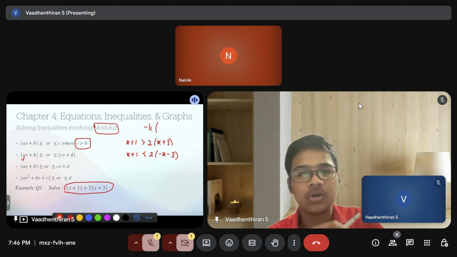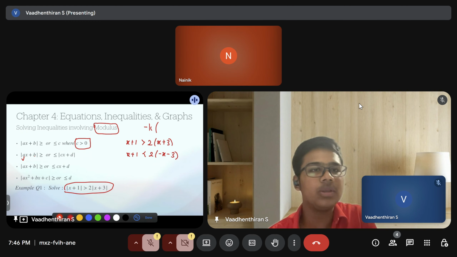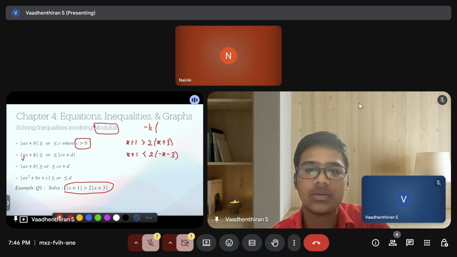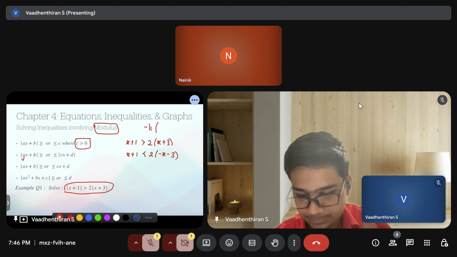Because when you're drawing or sketching the graph, the whole thing reflects on the other side. So that's why it's less than or greater than. That's the main difference between the two.